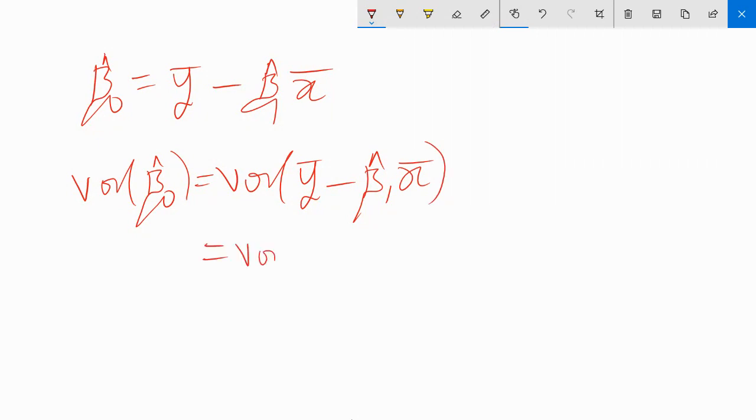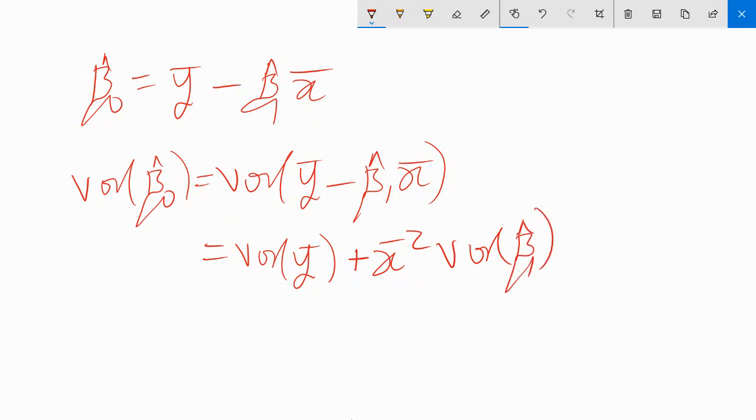We have the variance of y bar plus x bar squared, because it's a constant. The variance of a constant multiplied by a variable is the constant squared multiplied by the variance of the variable. So we'll have x bar squared multiplied by the variance of beta 1 hat.